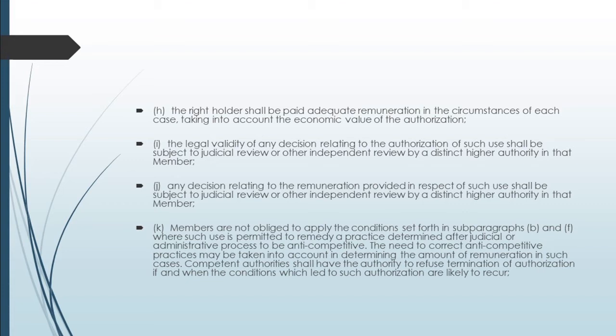However, one exception is provided for developing and least developed countries, that they can bypass all these obligations if they are able to prove that the original patent holder was attempting an anti-competitive practice.